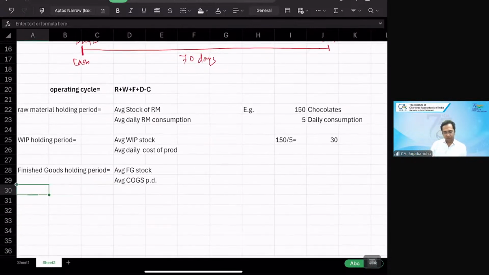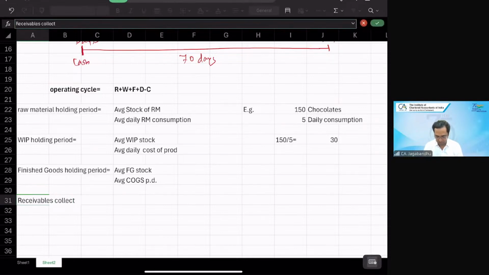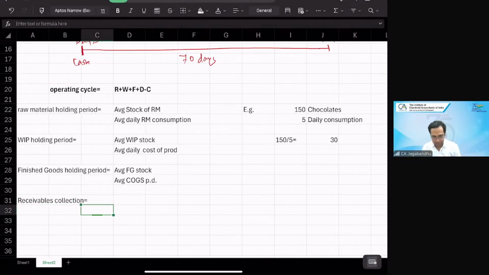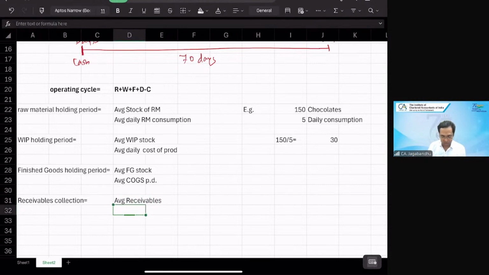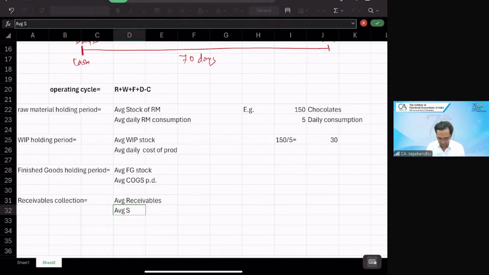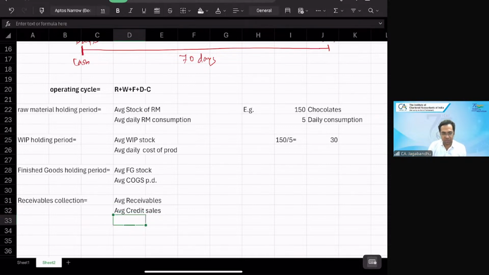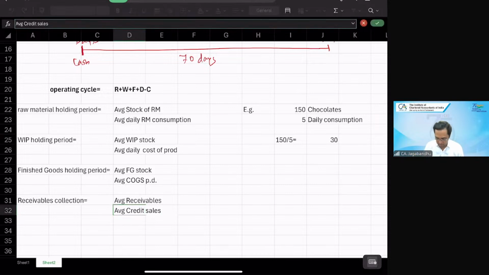Right? Same way, if I want to compute the receivables collection period, it is simply going to be average receivables upon average credit sales, again per day.